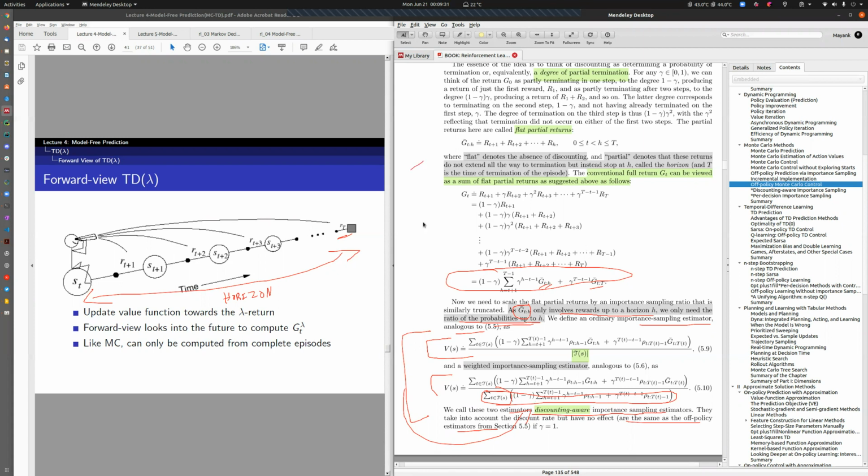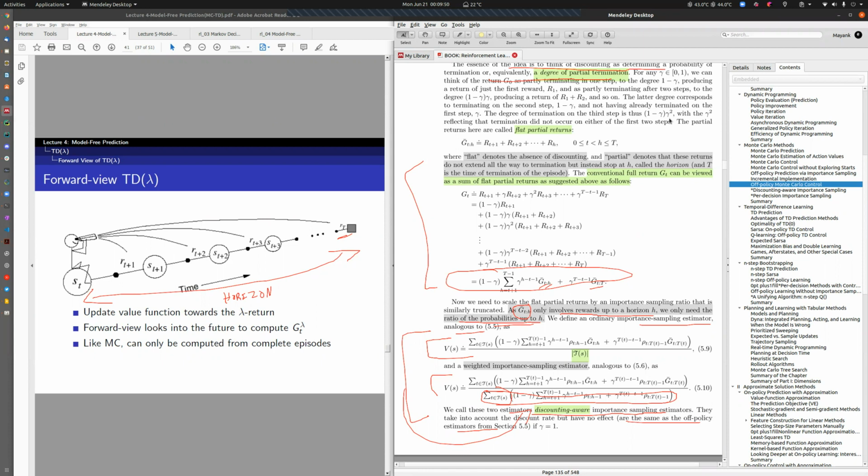This is the derivation with respect to the summation of this. I think this is clear. It's simple, really. How do we consider discounting, the intuition behind this degree of partial termination?